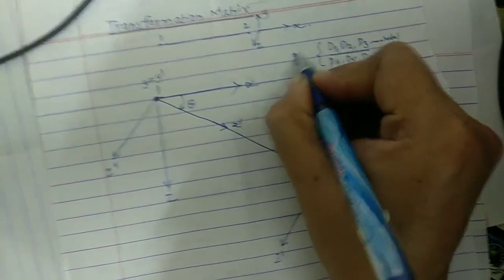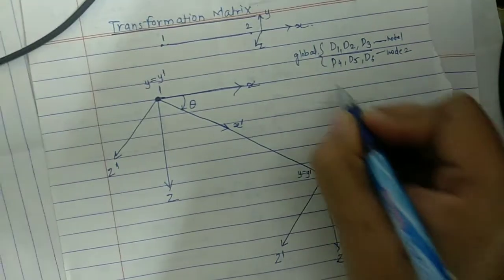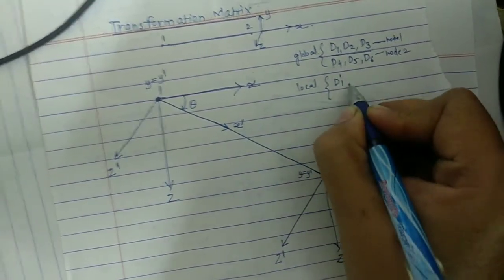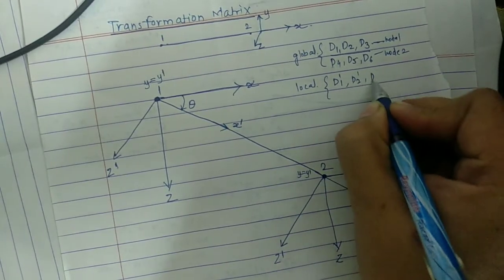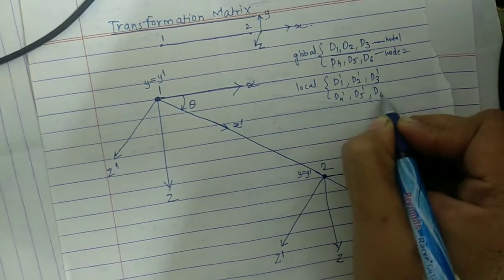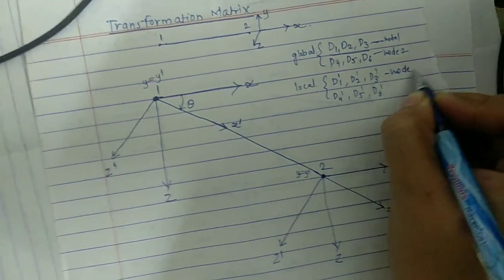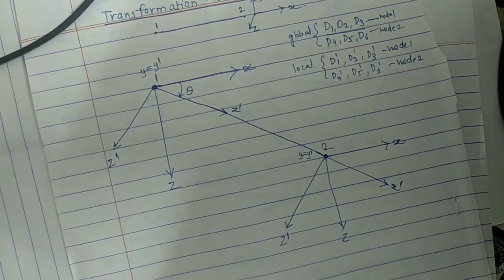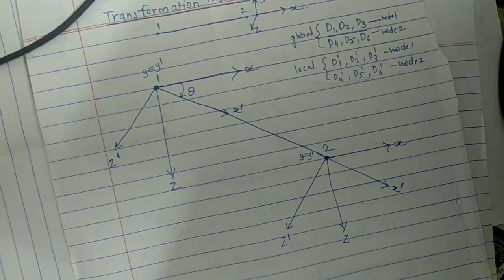These are the global degrees of freedom. In local we will refer to them with a dash: D1 dash, D2 dash, D3 dash, D4 dash, D5 dash, D6 dash. The first three are at node 1, the next three at node 2. Local we are defining with a dash.